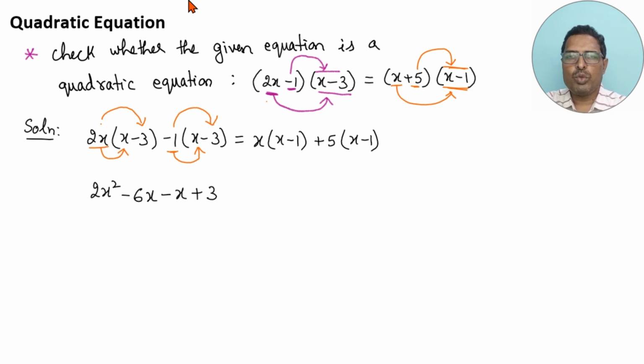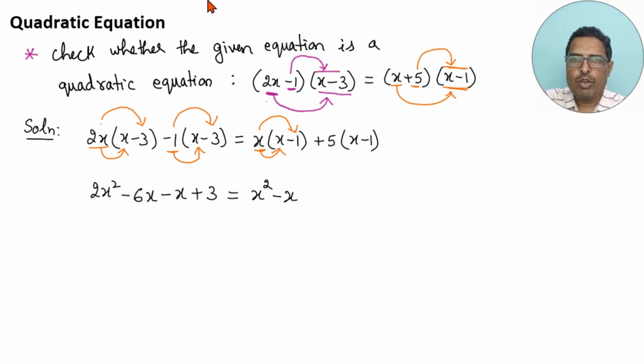Now let us move on to the right hand side. It is equal to... multiply this x with this x. So x times x will be x square. Then you have a minus sign over here, so this becomes minus. Again multiply this x times 1. x into 1 will be x itself.